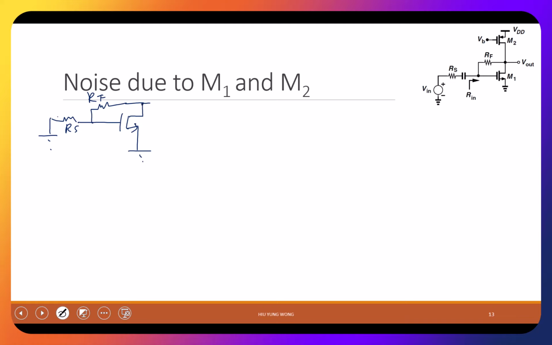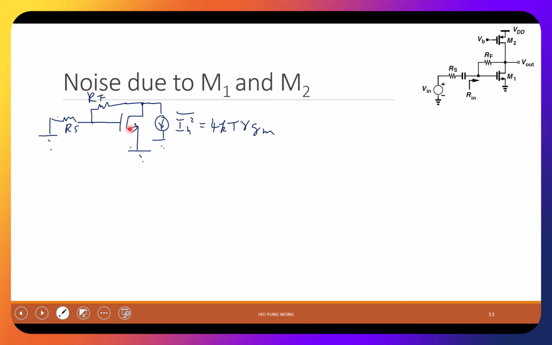The easiest way to incorporate the noise for this circuit is to consider the drain-to-source thermal noise in here, which is IN squared equals 4kT gamma GM. That is the noise due to this transistor.